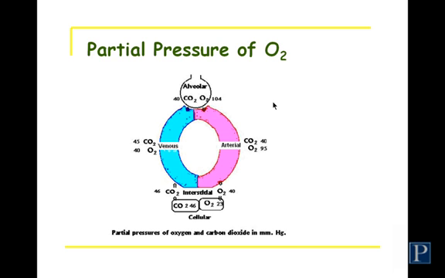Also, we'll be seeing later what happens to the oxygen hemoglobin dissociation curve. But the big thing is that during exercise, if you look at normal individuals, the limiting factor for getting enough oxygen in our body is not at the level of the lungs.